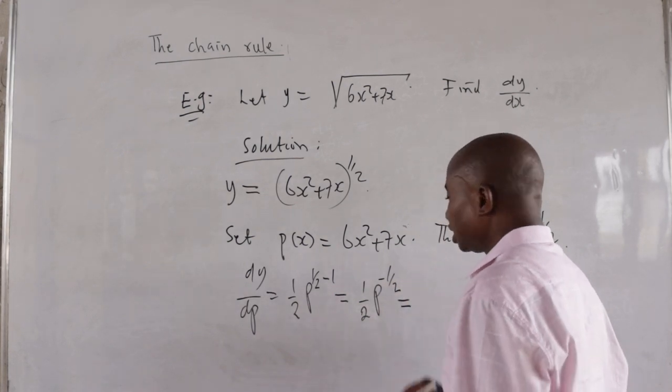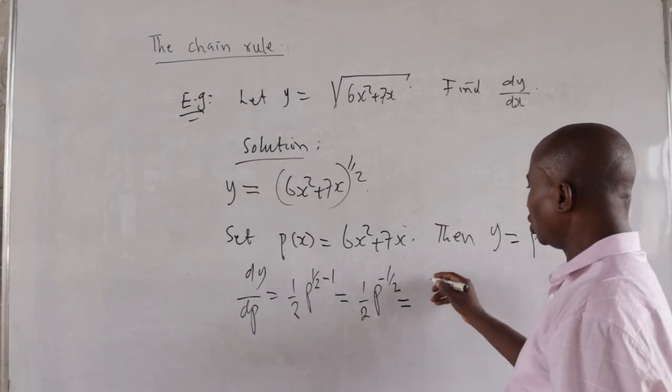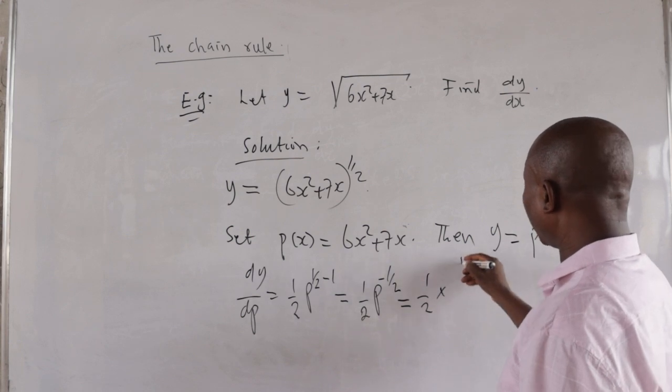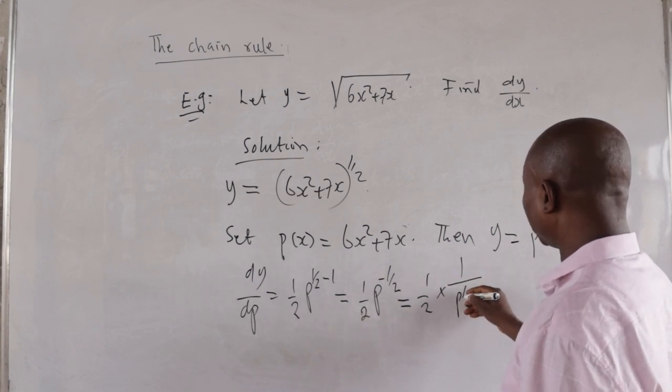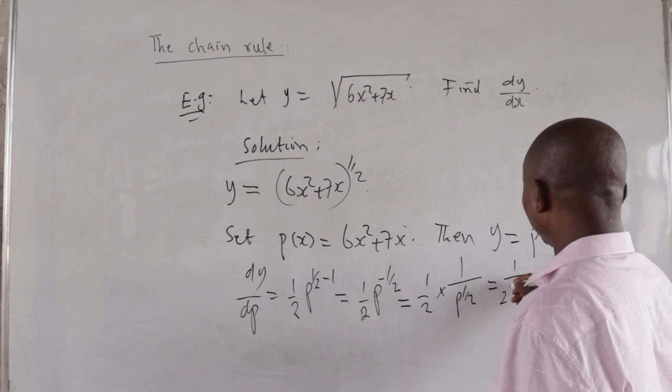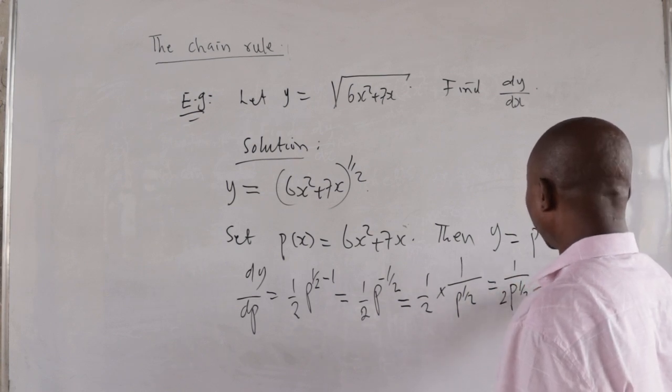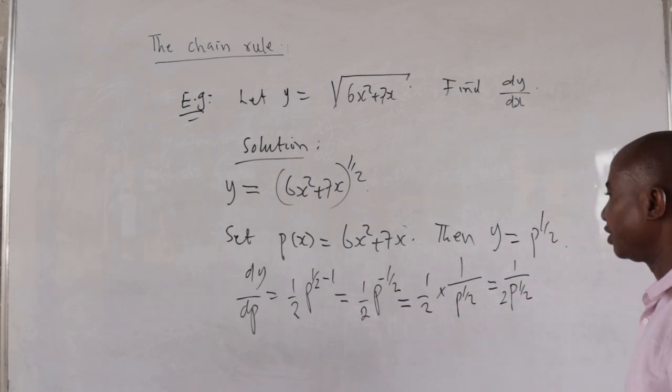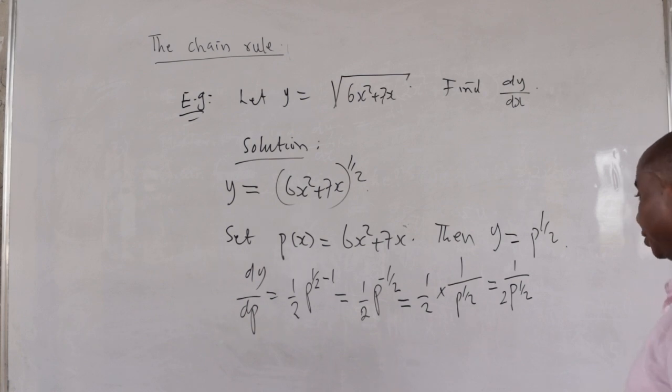I can still simplify this and I get 1 over 2 multiplied by 1 divided by p raised to the power half, which is simply 1 over 2 p raised to the power half. This is our derivative with respect to p.